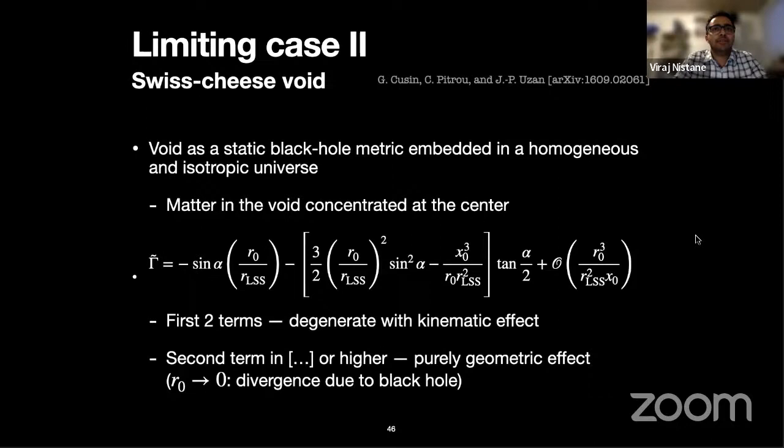And so here, Quartin et al. calculate the same function, that is the lensing-like deflection angle for an off-center observer, and they have the following form. So the first two terms here are degenerate with the kinematic effects, that is for a boosted observer. This has also been studied in this paper. And secondly, the second term here and higher order terms are due to purely geometric contribution.